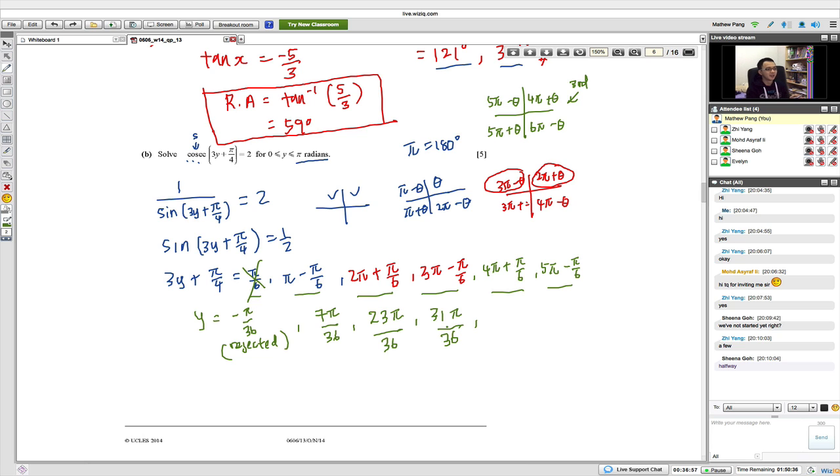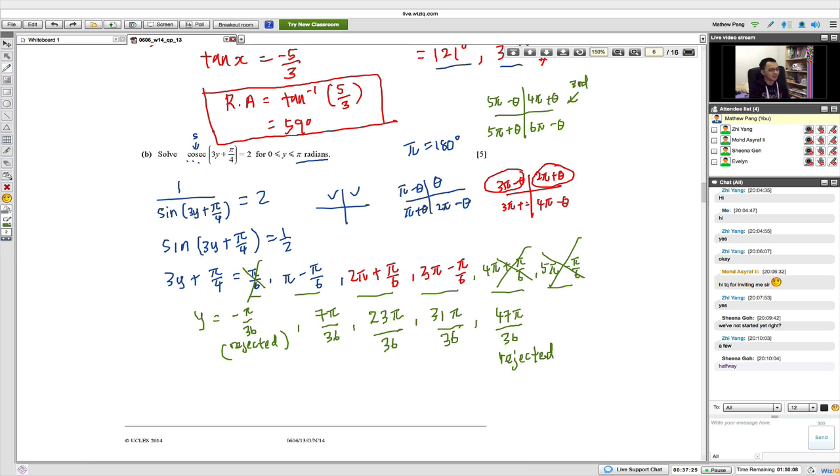So this one will be 4 pi plus pi over 6 and then minus pi over 4 and then divided by 3. This one is already 47 pi over 36. Obviously this is more than 1 pi already, so I will stop here. So this one more than 1 pi is rejected also.